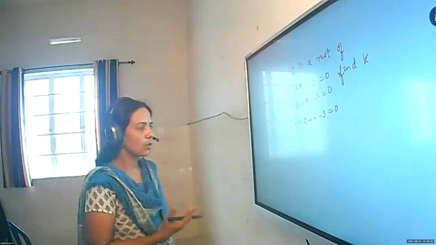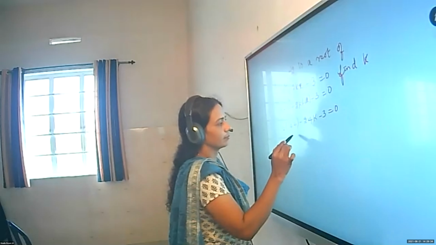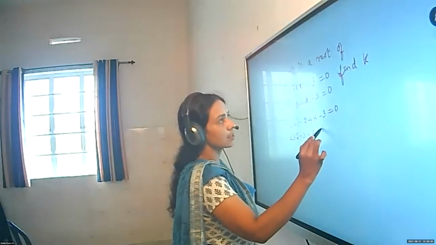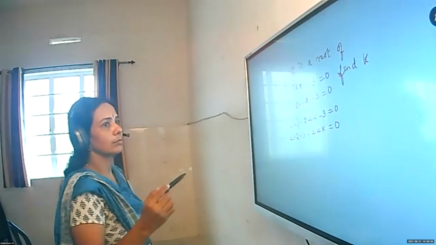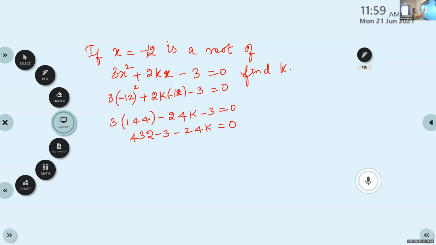So what is 3 into 144? 432. 432 minus 3 minus 24k is 0. Ma'am, how did minus 24k come? Two into minus 12.